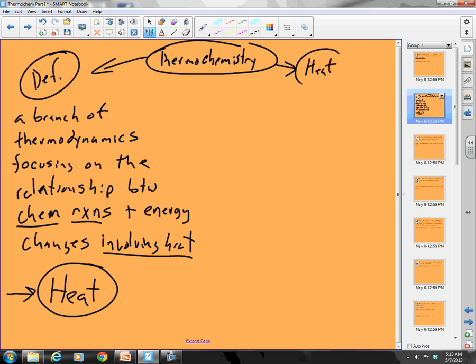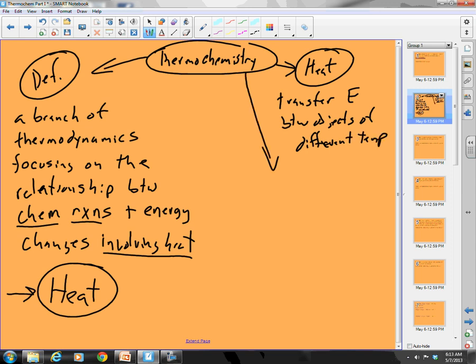We learned in a previous unit that heat is the transfer of energy between objects of different temperature. And we learned some equations, right? We said Q equals m c sub p delta T, where Q is my heat, and c sub p is my specific heat.